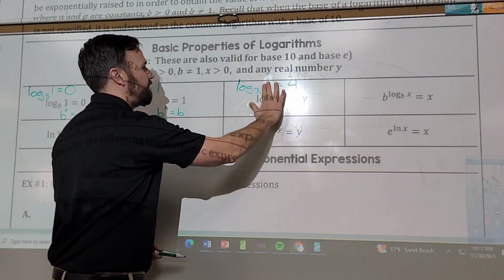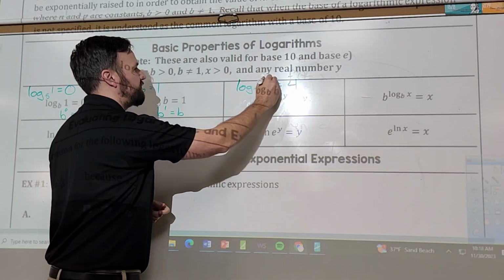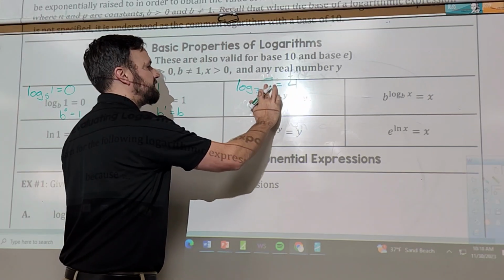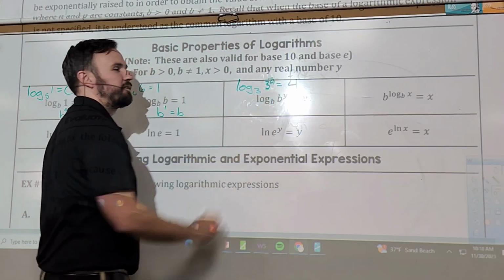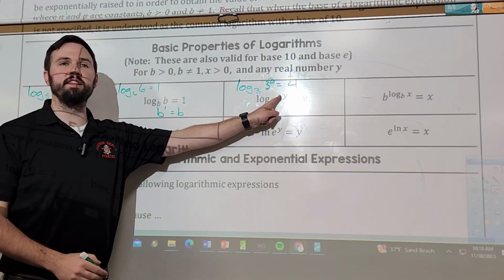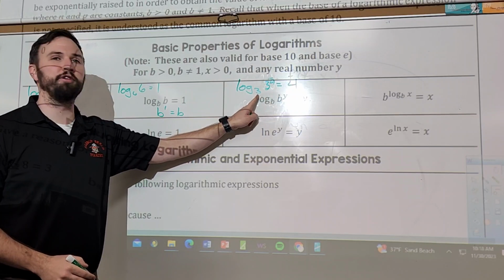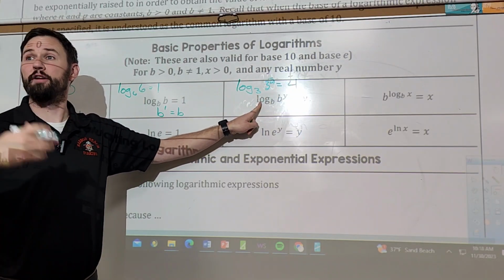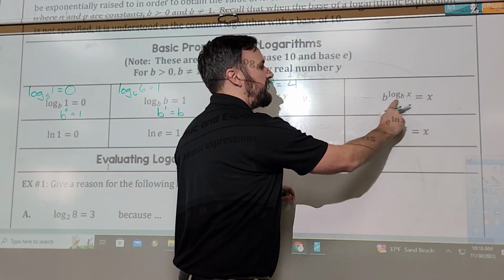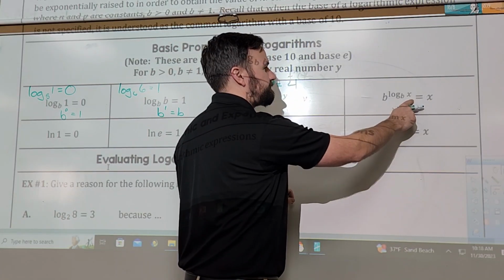Ooh, so could you do this one actually without a calculator? Because 81 is 3 to the 4th. So if you're ever given a question like this without a calculator, you rewrite this where the base is the same as your log, and whatever power it is is what it's equal to. This is a way to cancel logs.